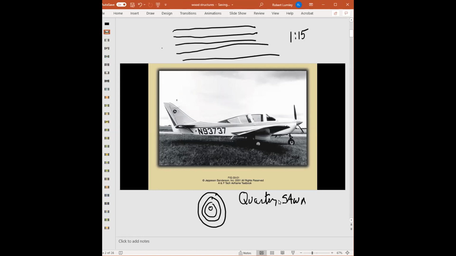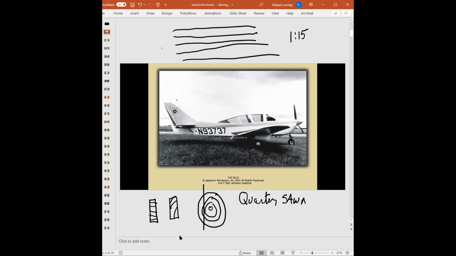The cheaper way is to cut the board just straight like so, and then we wouldn't get grain looking like this. On the end of a quarter sawn board, the grain would be going like that. If you cut a board the other way, the end of the board is going to have rings like that.